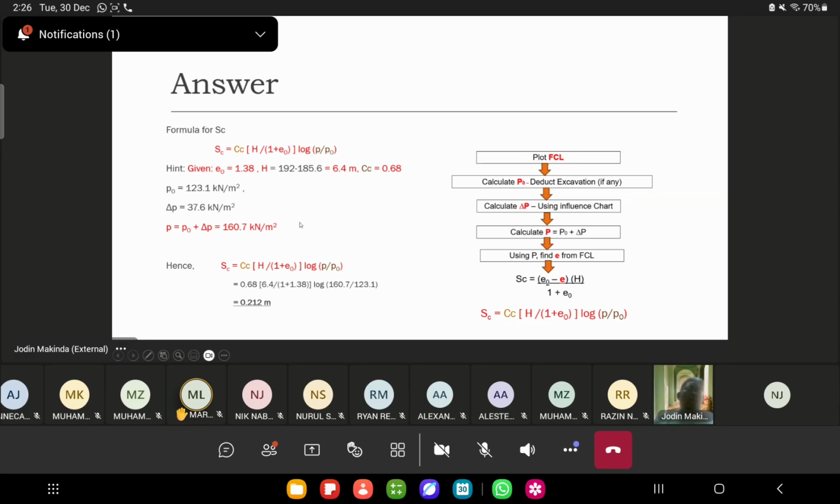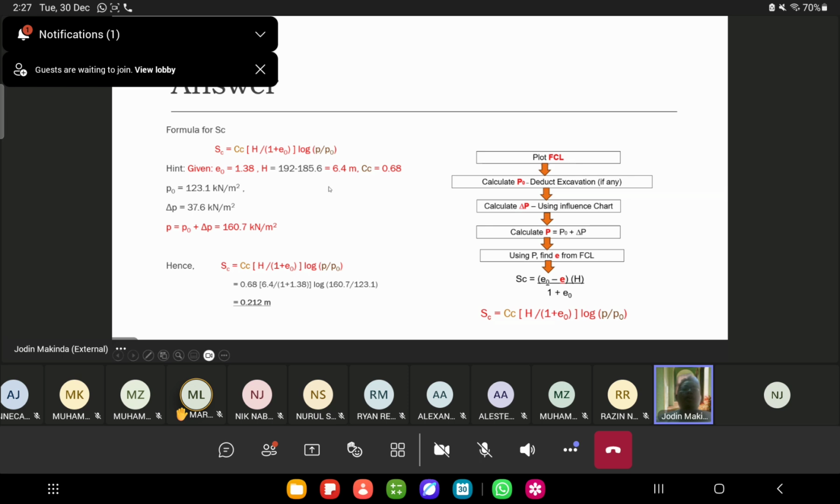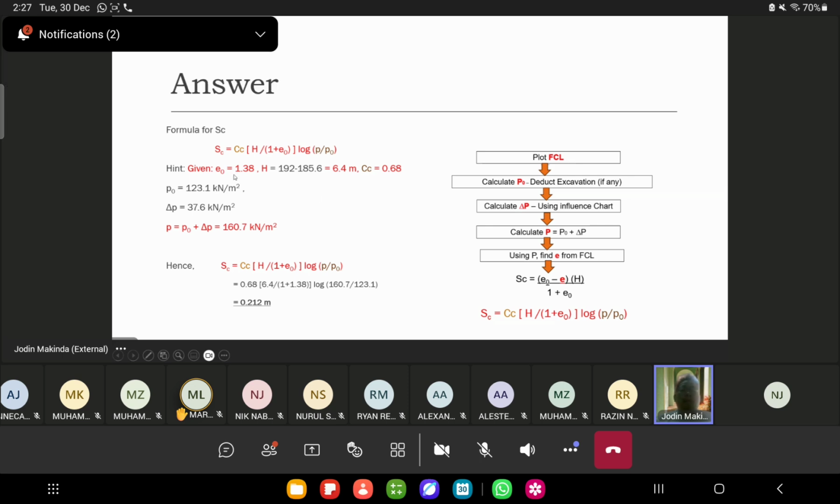After the loading, the stress is 123 plus the 37.6 stress increment. So the total is 160.7.